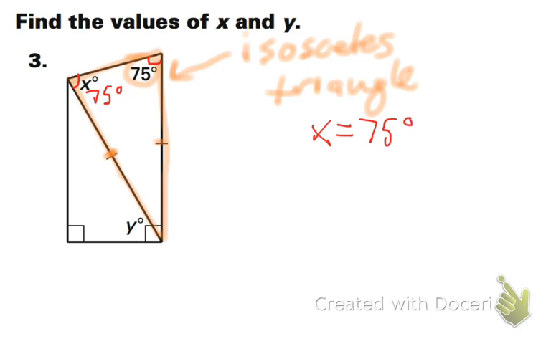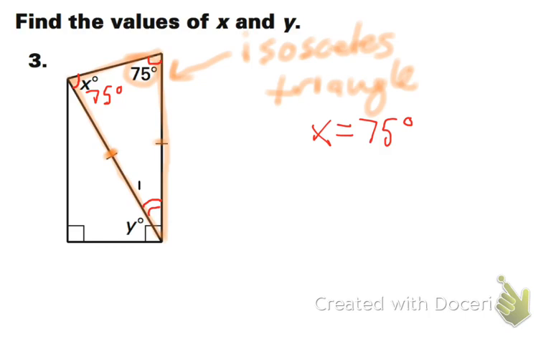Next, I want to see if I can figure out what y is. One thing I notice is that this angle right here, that's part of the isosceles triangle, I could figure out what that is because the three angles in the isosceles triangle are going to add up to equal 180 degrees. So let me give this angle a name for a second.